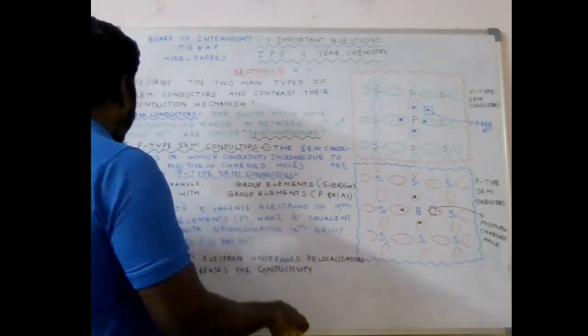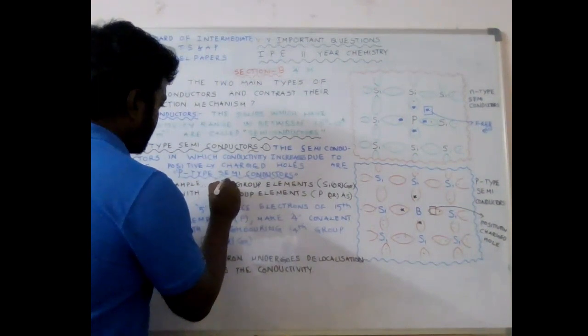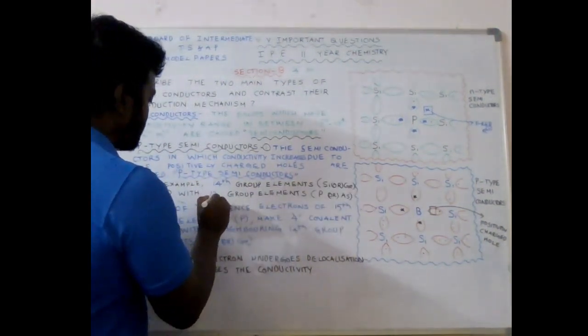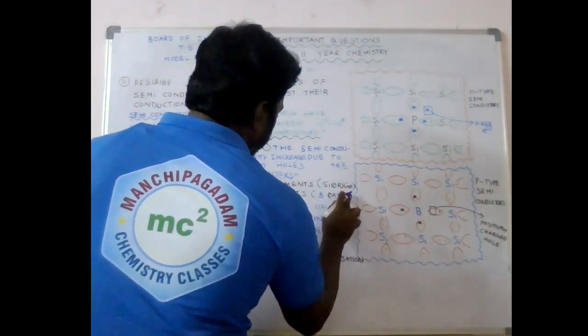For example, here 14th group we have taken, right? So 14th group elements, silicon or germanium, doped with 13th group elements. 13th means what here? Boron or aluminum. Okay.